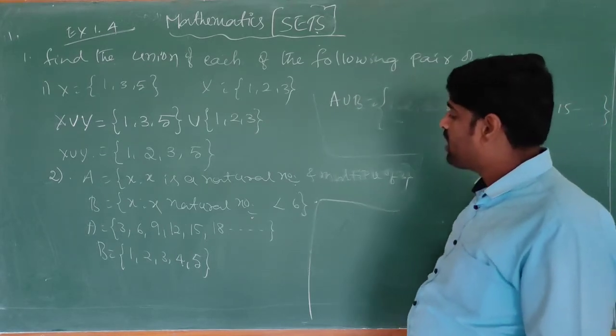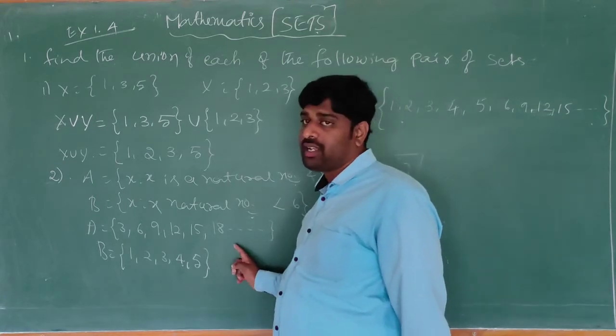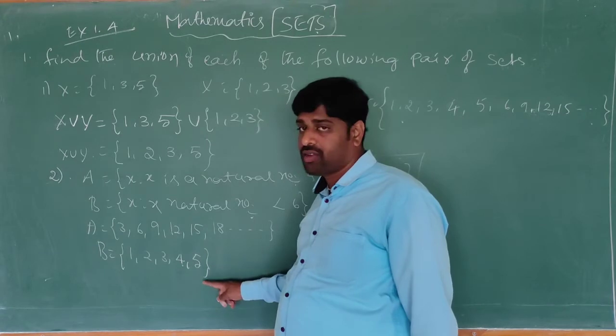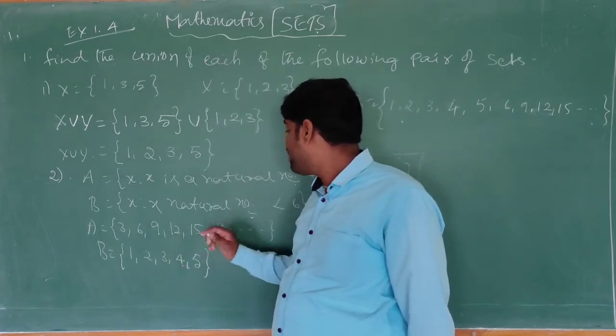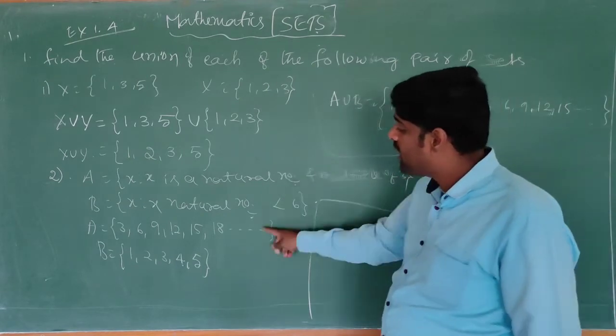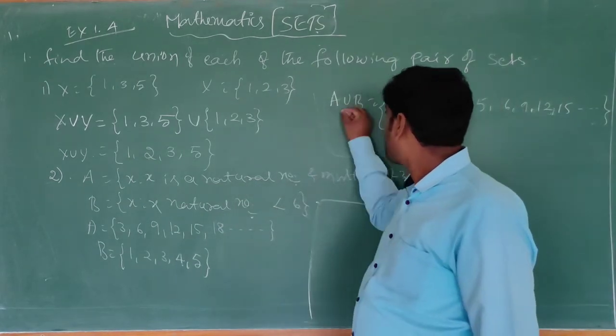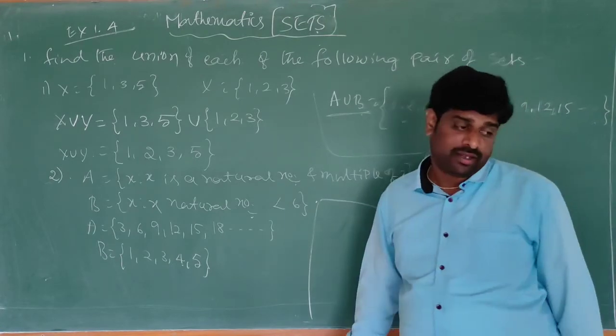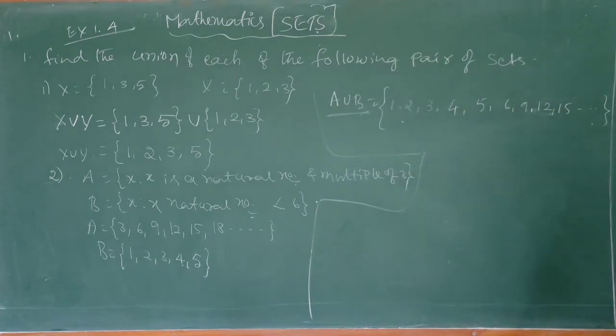A is an infinite set, B is a finite set, but anyhow we should write together. If a number is repeating, we should write it only once. These elements present in either A or B are called A union B.